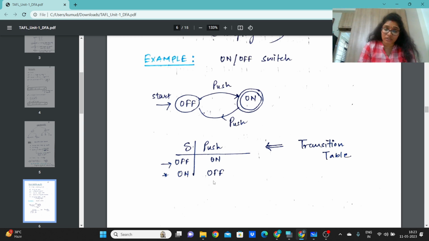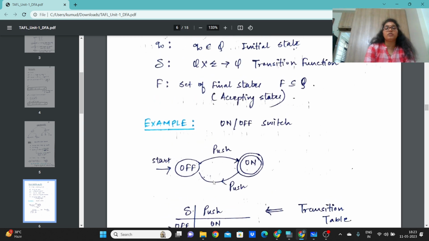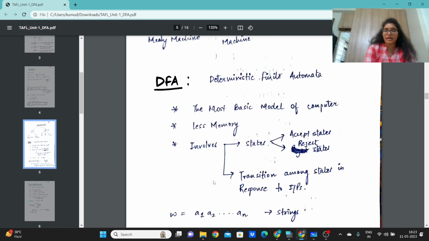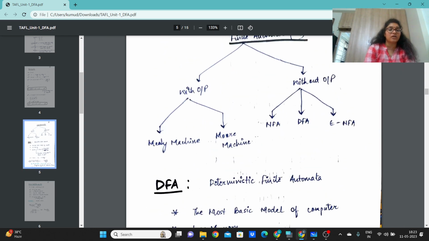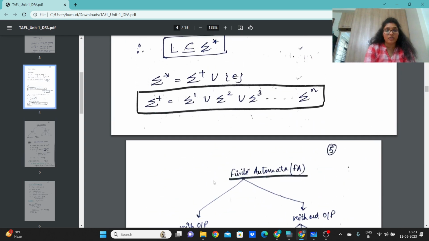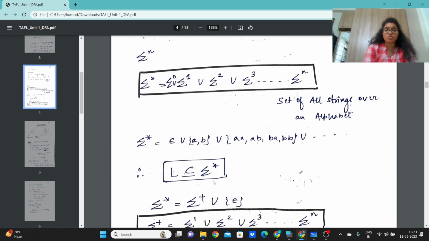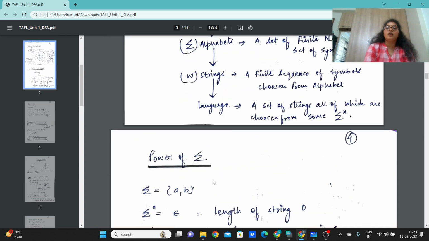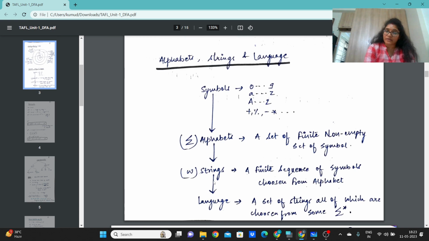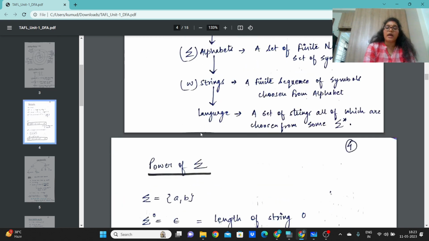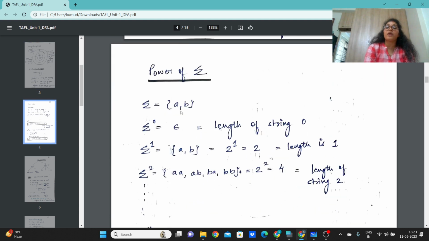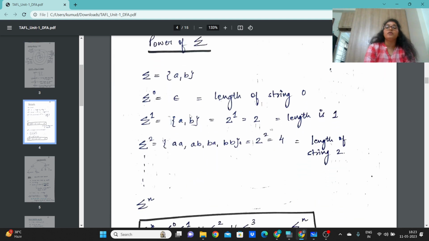of DFA machine. Okay, so now let's revise it again, and after that we will consider the examples of DFA, and you will understand it better. So we have discussed so far about the basic elements of finite automata, which are symbols, alphabet, strings, and languages. And then we have discussed about the power of alphabet, which is very important. So here we have taken two symbols from the alphabet.